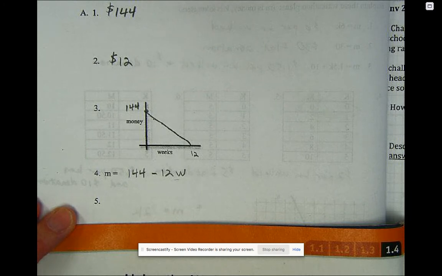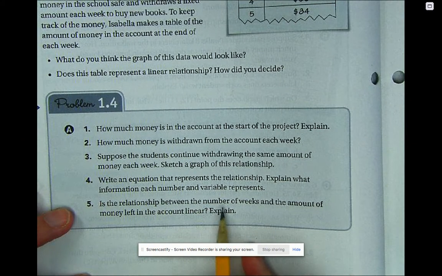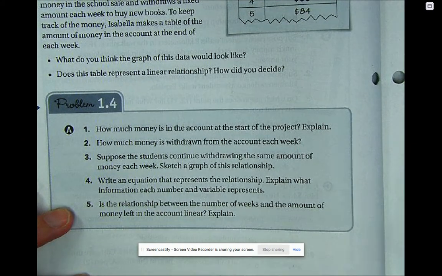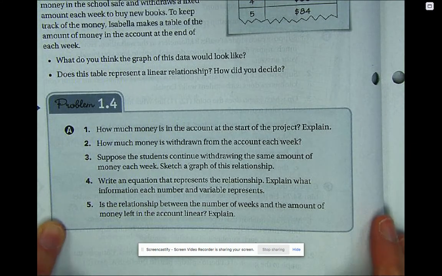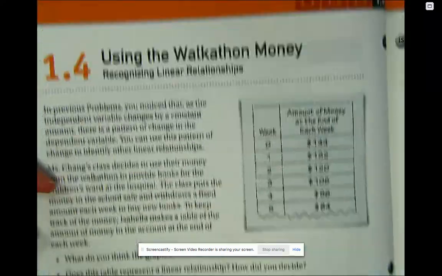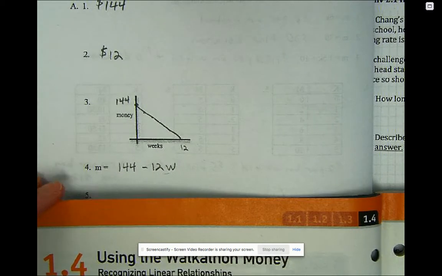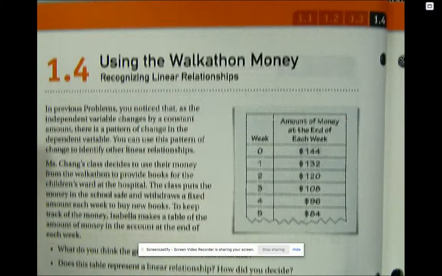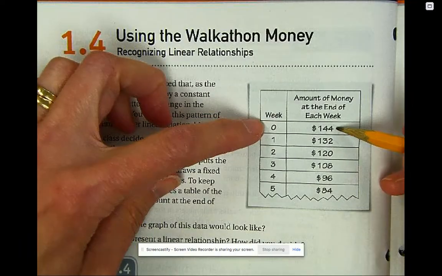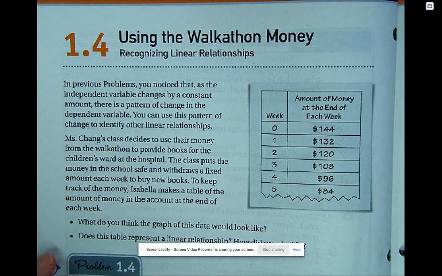Okay, so question number 5 says, is the relationship between the number of weeks and the amount of money left in the account linear? Okay, well, what does it take to be linear? Well, 1, remember, it comes from a line. Didn't we think the graph would look like a line? Okay, and secondly, can't we tell from the table that it's linear? Because each week is just going down by the same amount, by 12.